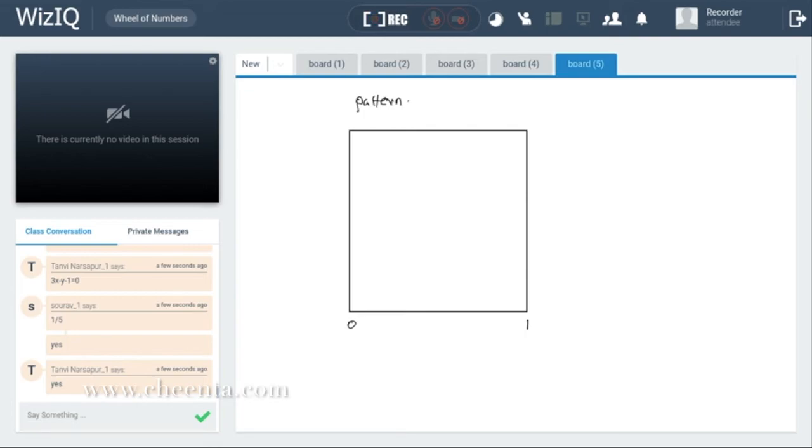I'm omitting the y coordinate because it's just 0 here. If you draw these two lines and drop a perpendicular from the point of intersection, you have half. Let's write it as 0 by 1 and 1 by 1. Okay, now let's join these two.